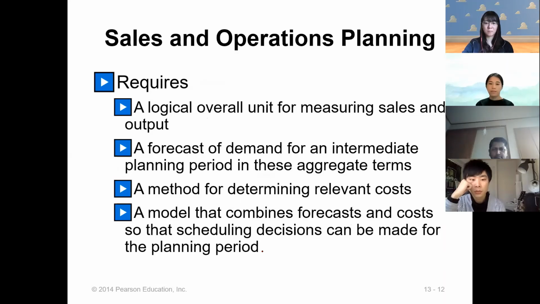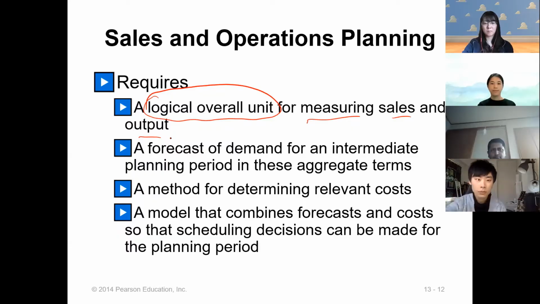Okay. Now, in aggregate planning, when you come up with your aggregate plan, you need to have a logical overall unit for measuring sales and output. For example, in oil and gas, that's why they say barrels. Barrel is the overall logical unit for sales and output. Have you heard of barrel? Oil and gas, this oil field can produce 500,000 barrels a day, for example.